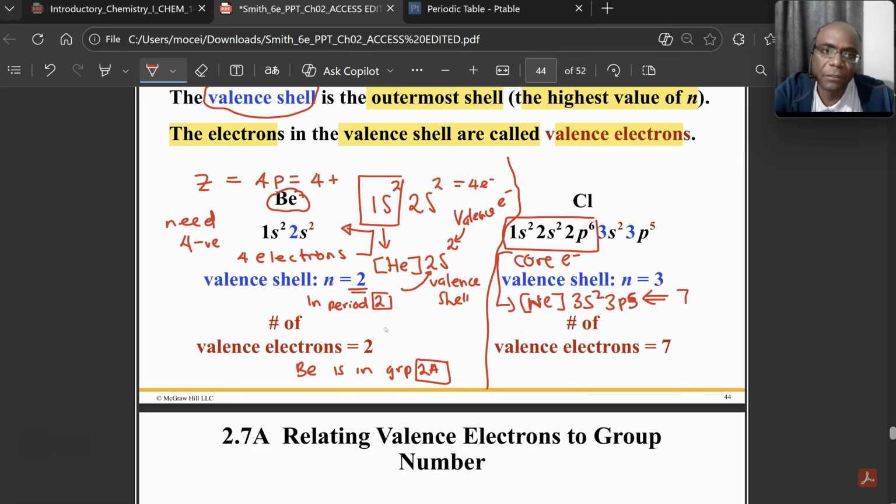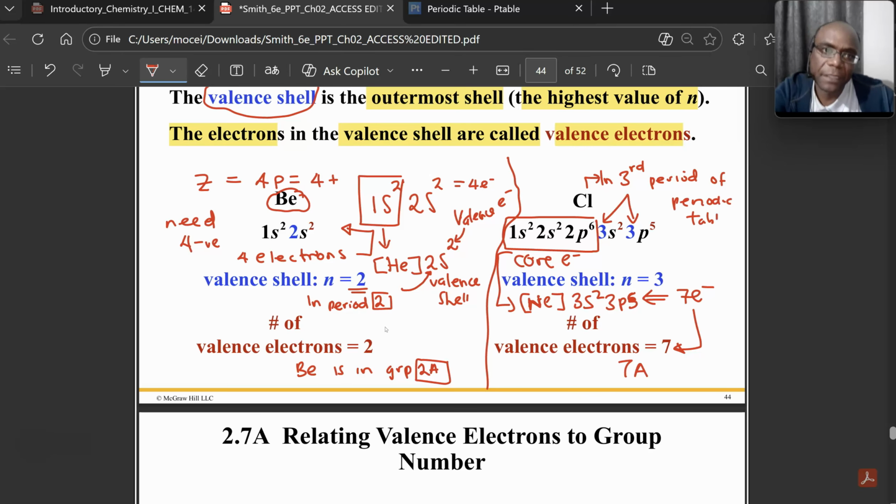Sum up 2 and 5, you're going to get 7 valence electrons. That's why chlorine is in main group 7. And the shell number is 3. That's why chlorine is in the 3rd row, the 3rd period of the periodic table.